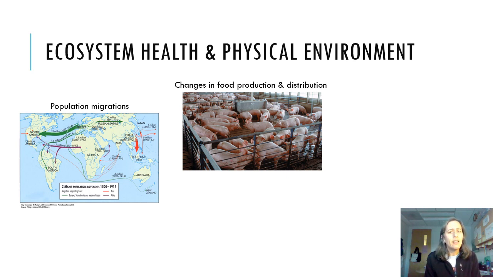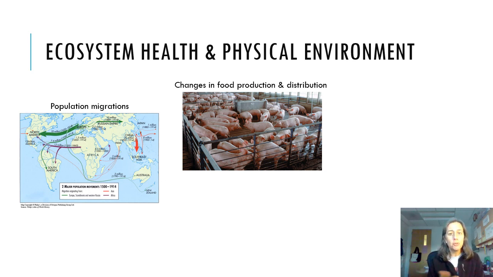We have a lot of changes in how we produce food that have significant impacts on the health of the environment. CAFOs are not necessarily good for the animals, and they generate all this waste, very concentrated manure, which then ends up entering the streams and rivers of the areas they are in, and contaminates people's well water. Right? So that's a really real problem.